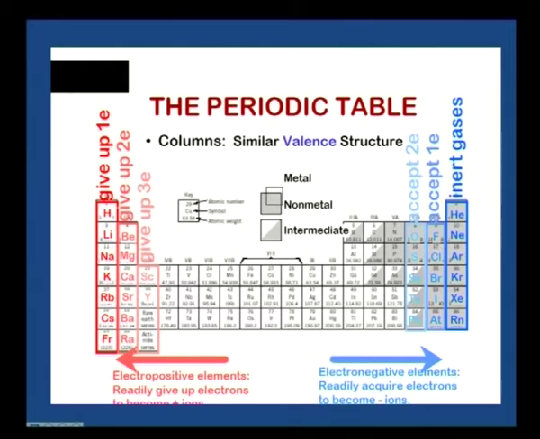The atoms on the right hand side of the periodic table are ready to receive electrons. So, they are more electronegative, whereas these are called electropositive, right. Lithium, sodium, beryllium and so on are electropositive.